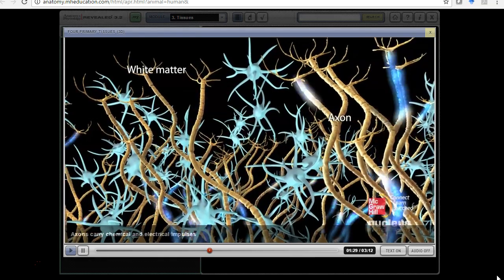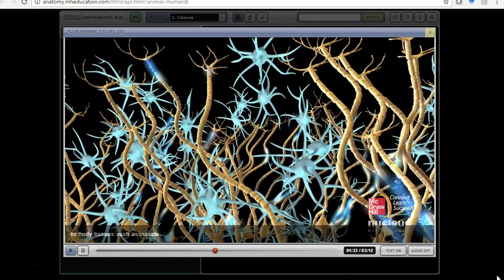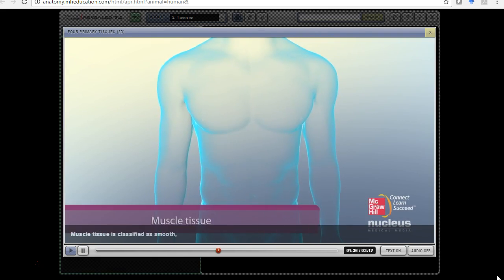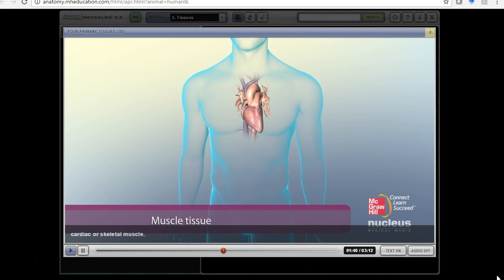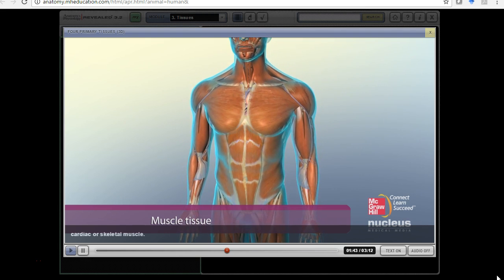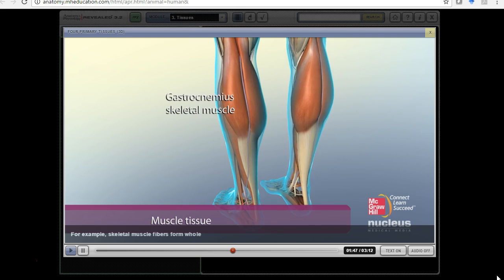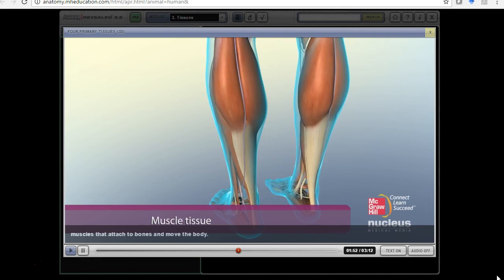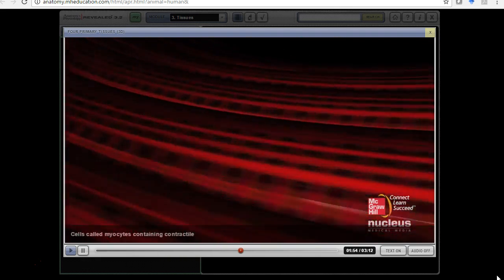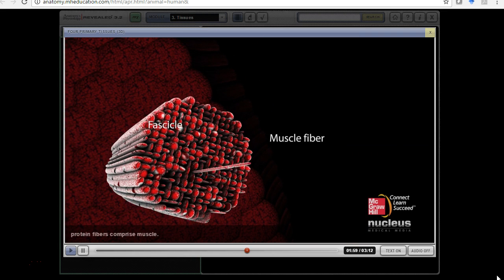Axons carry chemical and electrical impulses to body tissues such as muscle. Muscle tissue is classified as smooth, cardiac, or skeletal muscle. For example, skeletal muscle fibers form whole muscles that attach to bones and move the body. Cells called myocytes, containing contractile protein fibers, comprise muscle.